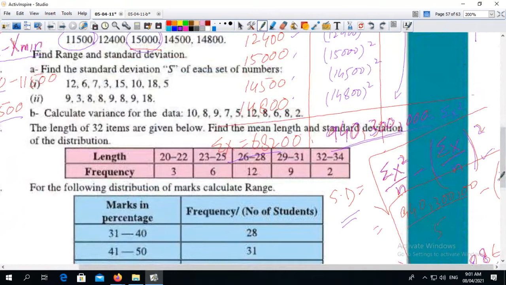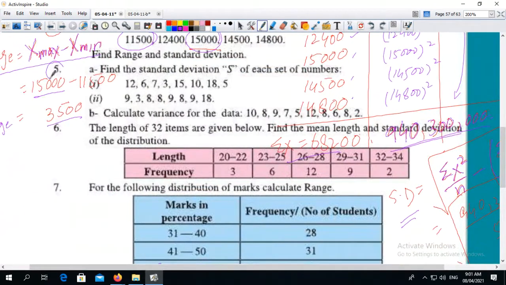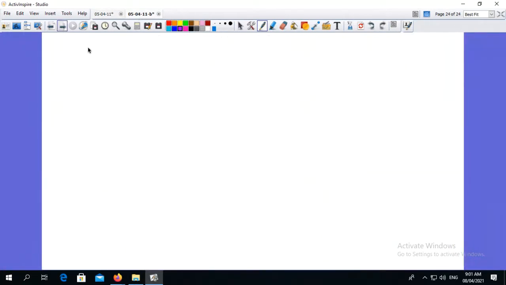Now I start question number 5, part number 1, exercise 6.3. The data are 12, 6, 7, 3, 15, 10, 18, 5.